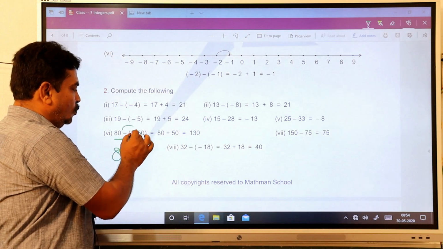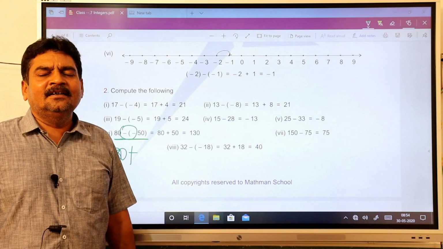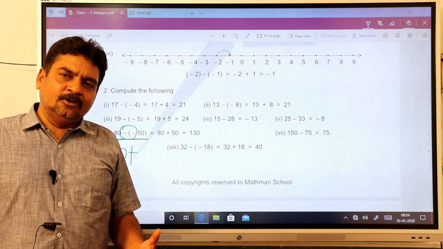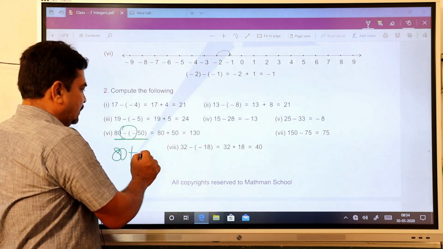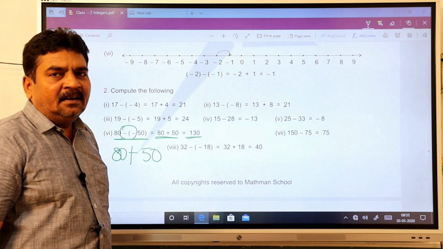Plus. There are two same symbols. When two same symbols are multiplied, you get the resultant as addition, plus. I was telling you. So plus 50. That is 80 plus 50, which is nothing but 130.